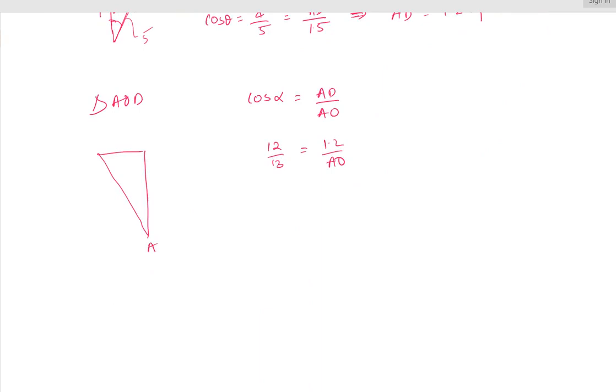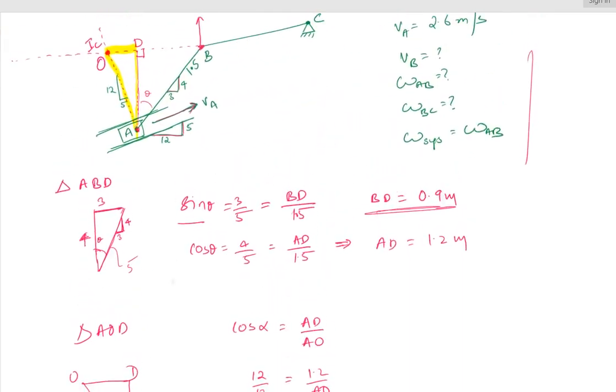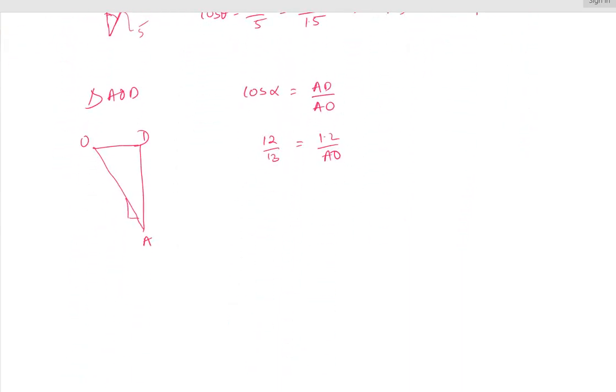So this is AOD, and we're saying this is 12 over 5. Okay, so that's the slope. Now cosine alpha would be, let's say if this is 5, this would be 12, this would be 13.